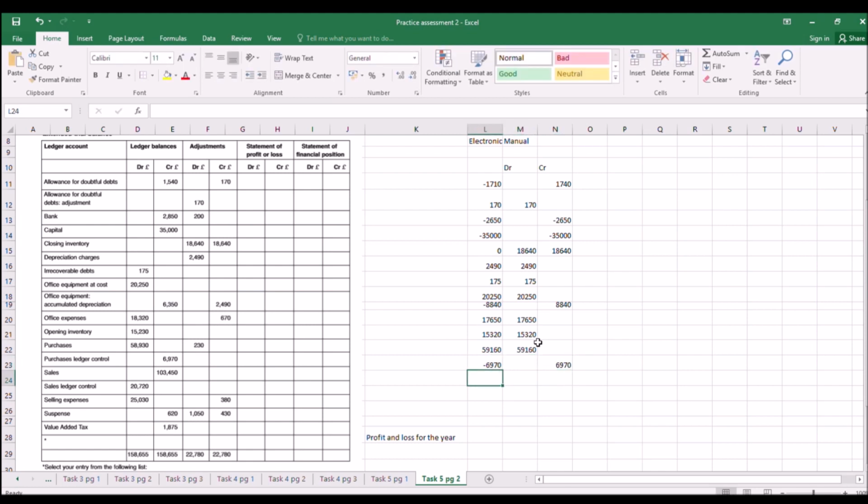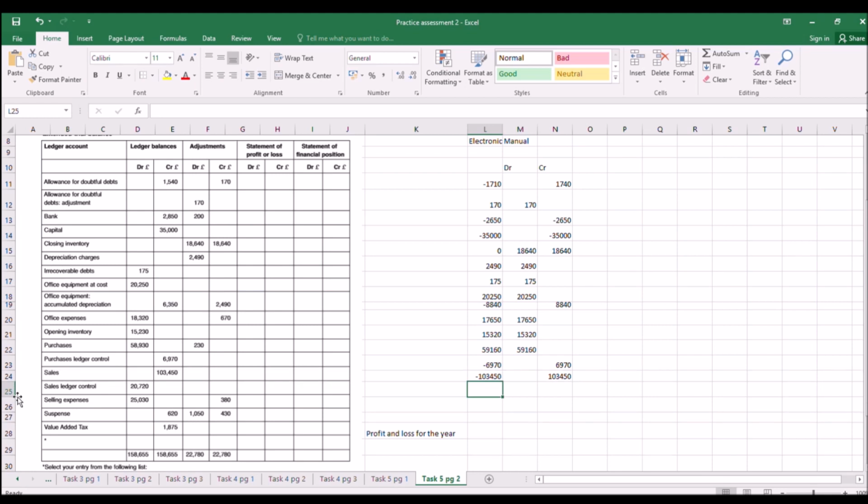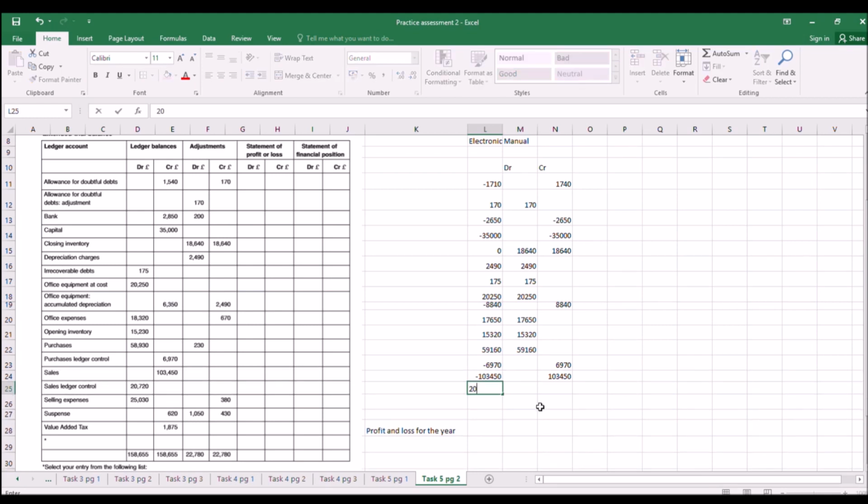Okay. Our sales is a credit minus 103450, and a credit there. Okay. Our sales ledger control account, start to slide a little bit out again. Our sales ledger control account is our debit 20720, debit 20720.